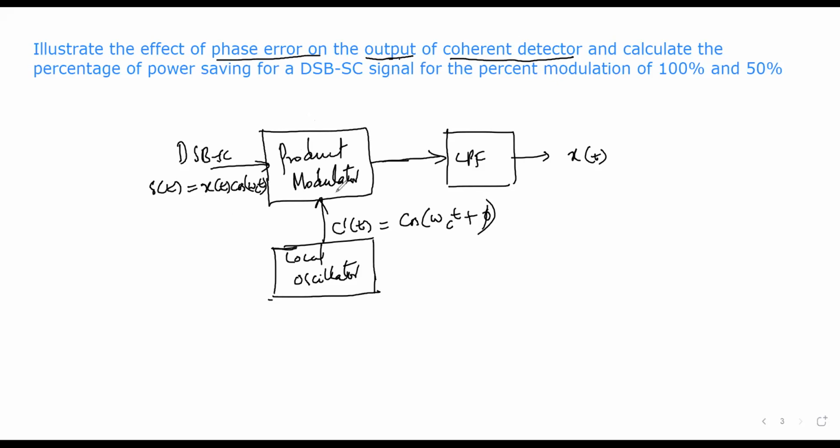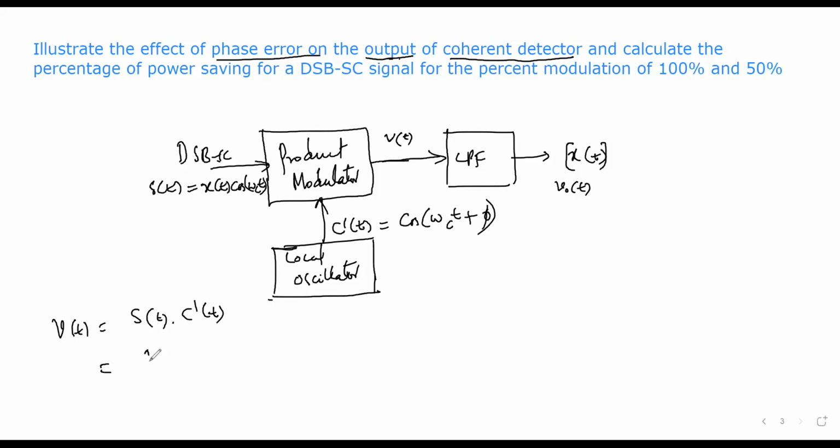So now we'll calculate the output of the coherent detector. Let us assume the output of the product modulator as v of t and the output of the low pass filter as v naught of t. Now v of t is the product of s of t and c dash of t.